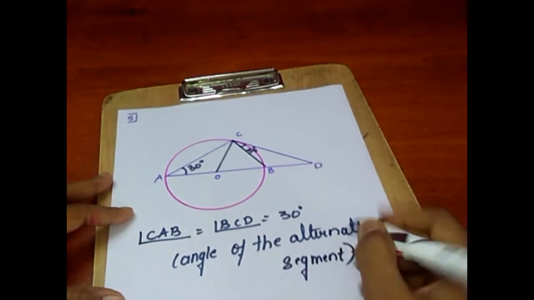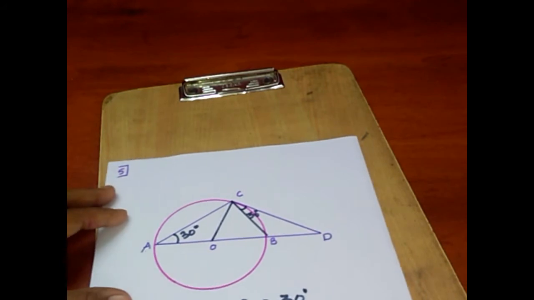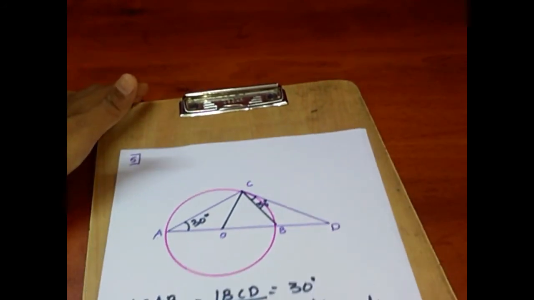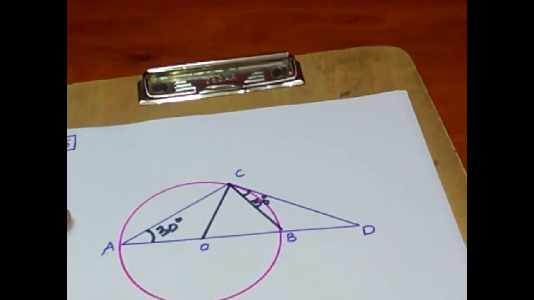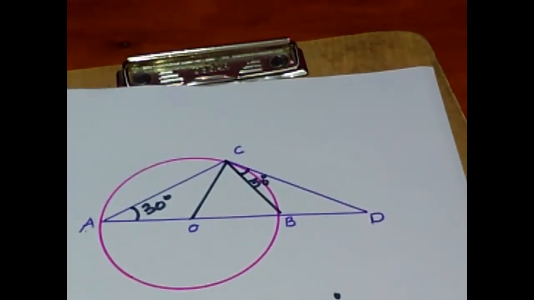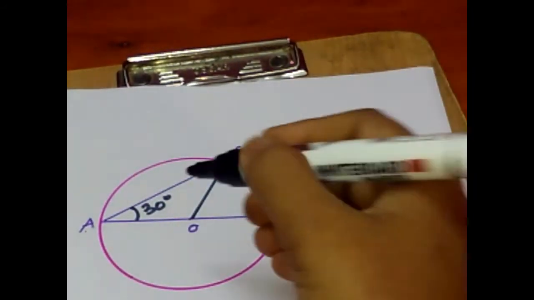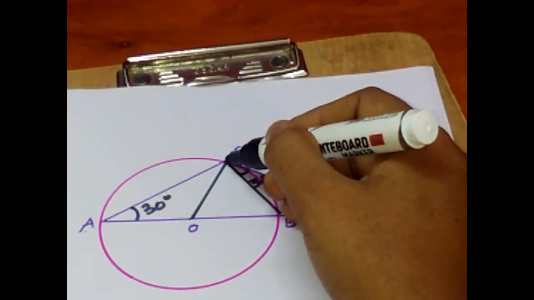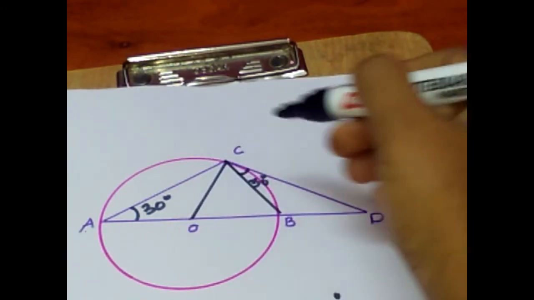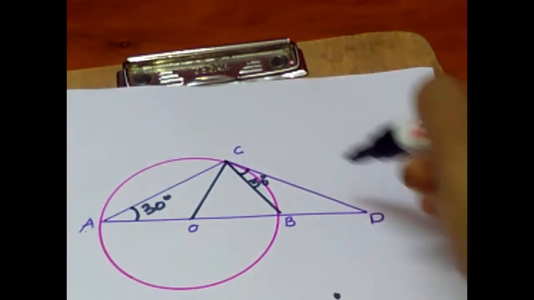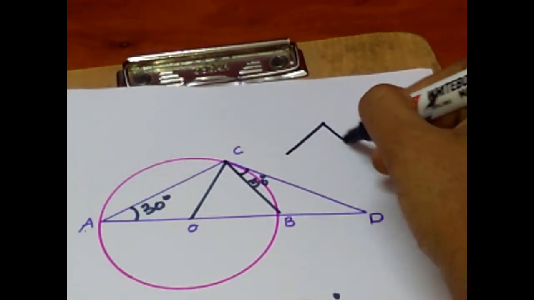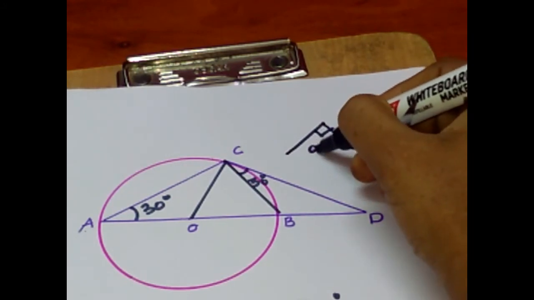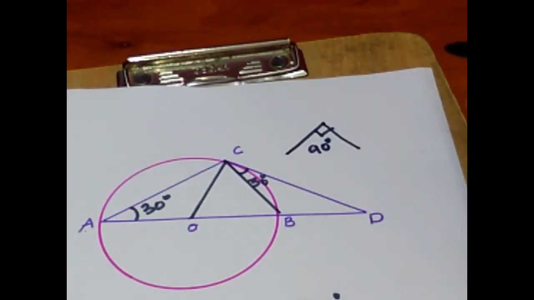Yes. Next, let us find the remaining two parts, two more points. Observe the diagram. Here you can notice OC is a radius, BCD is a tangent. So the angle between the radius and the tangent is always equal to 90 degrees.